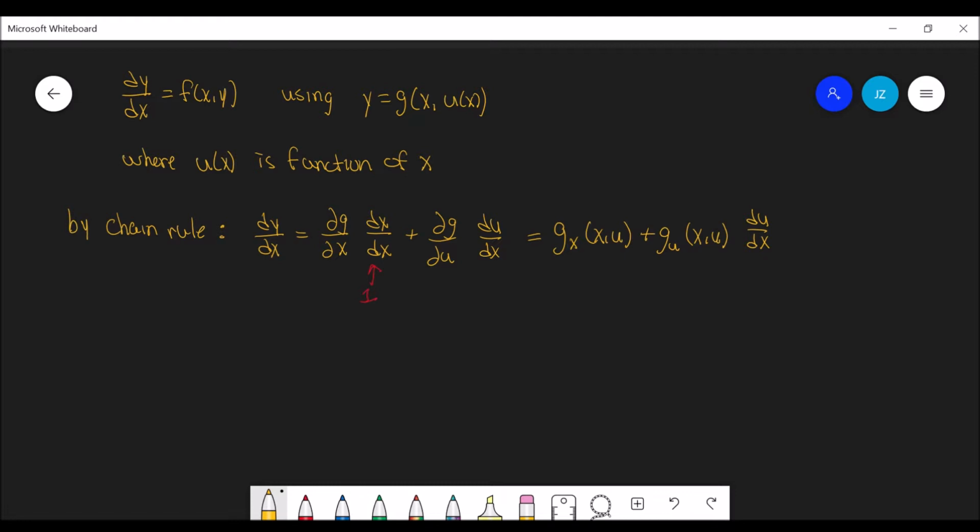If we now make all of the substitutions, then the differential equation dy/dx equals f of x, y becomes g sub x of (x, u) plus g sub u of (x, u) du/dx is equal to f of x comma g of (x, u).